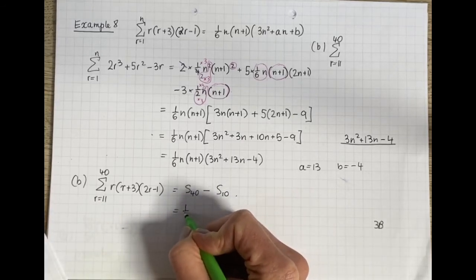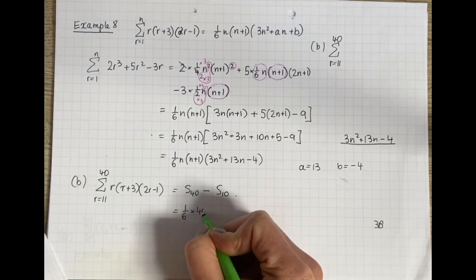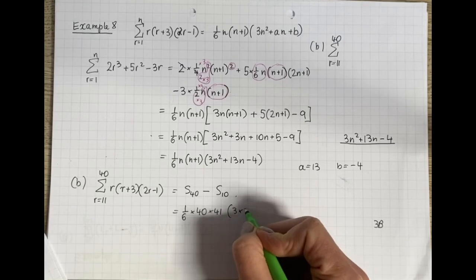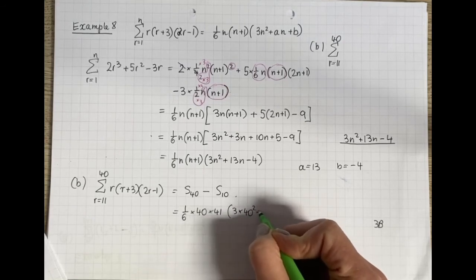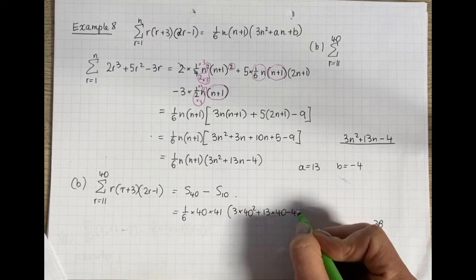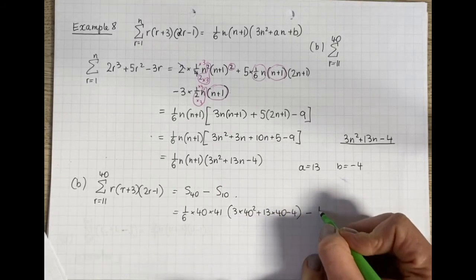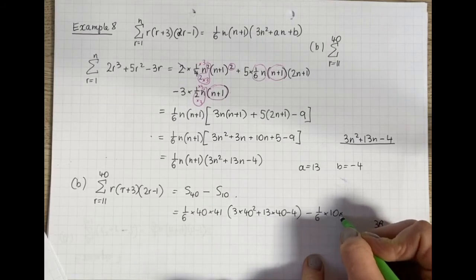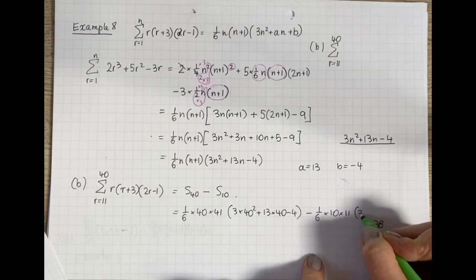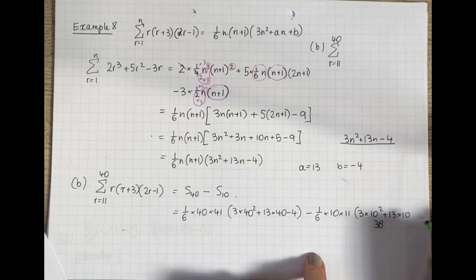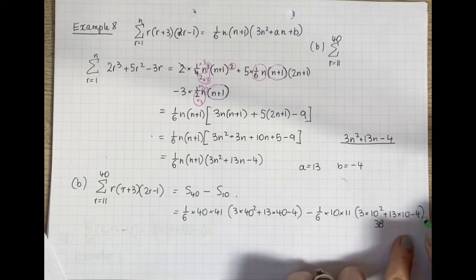Okay, so substitute 40 into this expression. 40 squared plus 13 times 40 minus 4, and subtract the sum of 10 terms. So it's 10 times 11, then you've got 3 times 10 squared plus 13 times 10 minus 4.